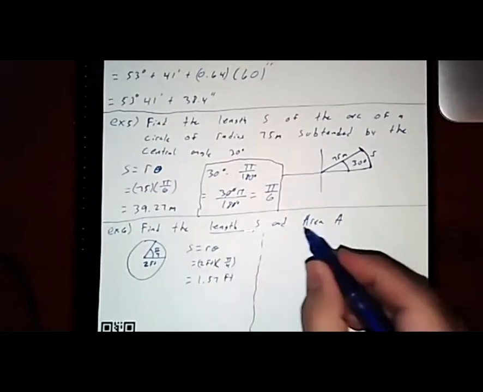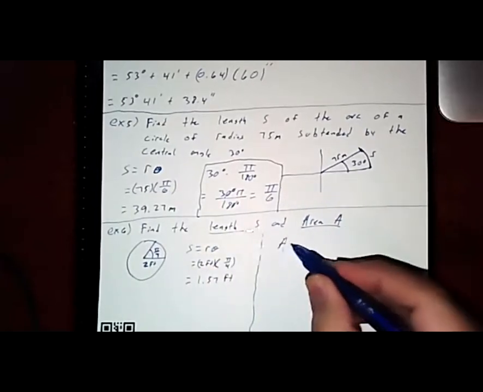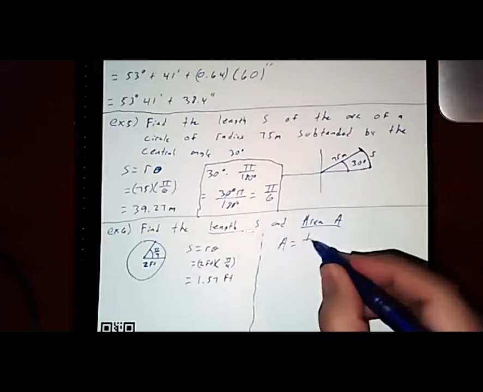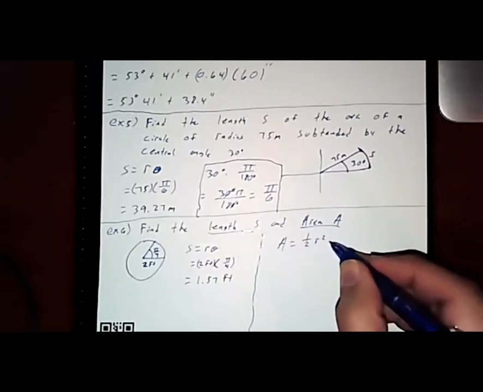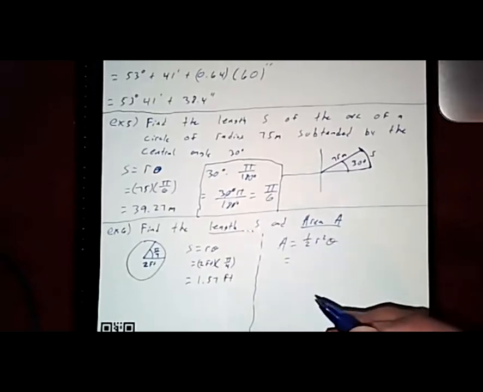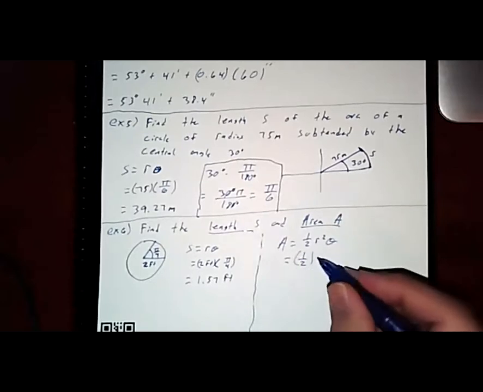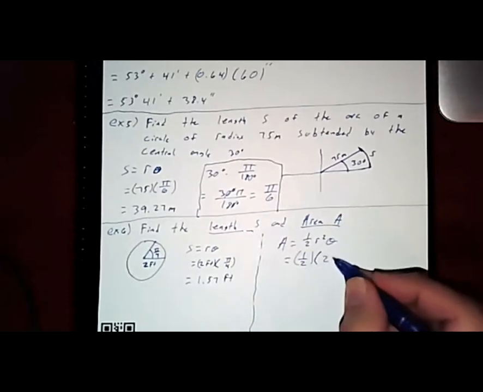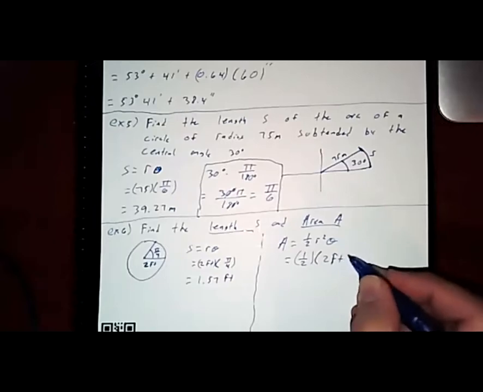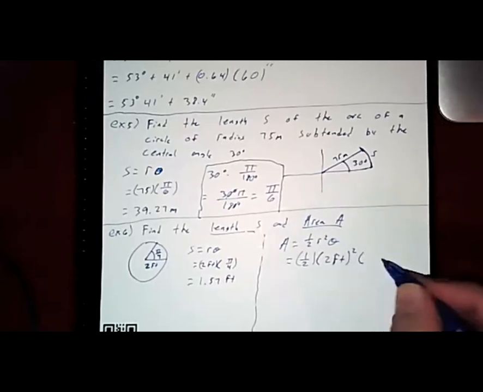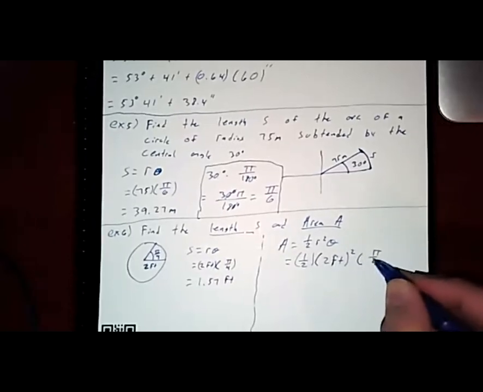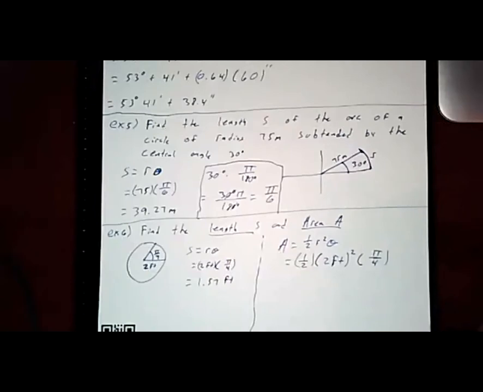This part. Now the area is this formula we wrote earlier, 1/2 r squared theta. So that will be 1/2 times r, 2 feet, squared times pi over 4. Now that I'm squaring feet, we'll have area, right?